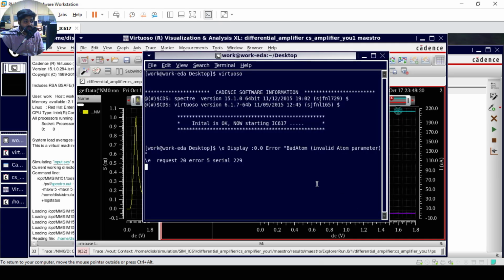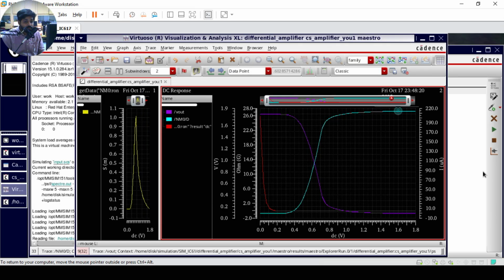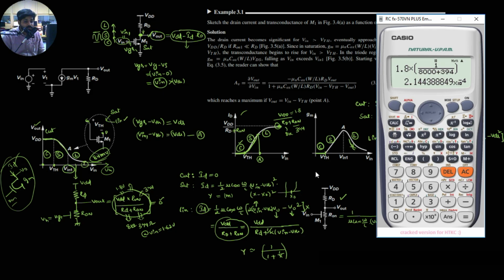So that's what we observed theoretically also, 0.2 milliamperes.